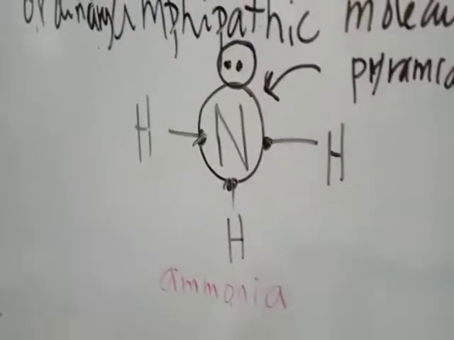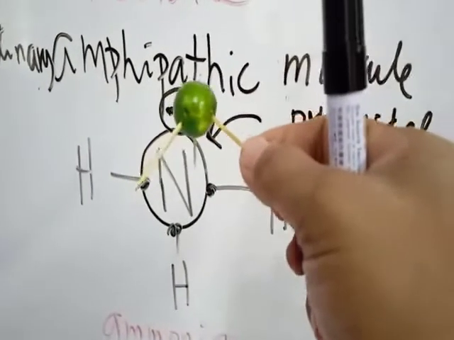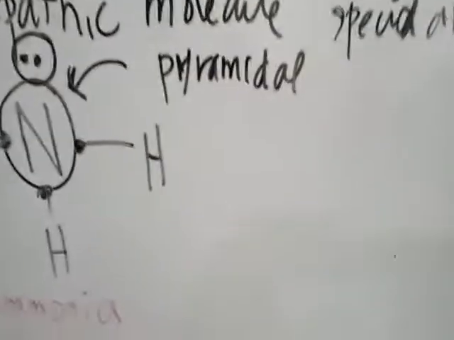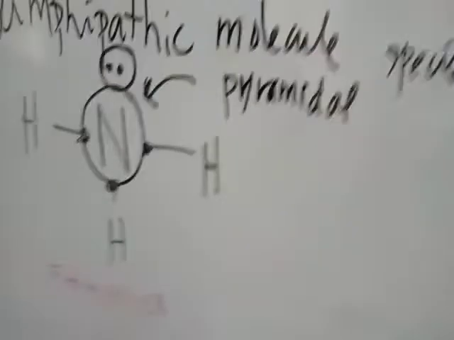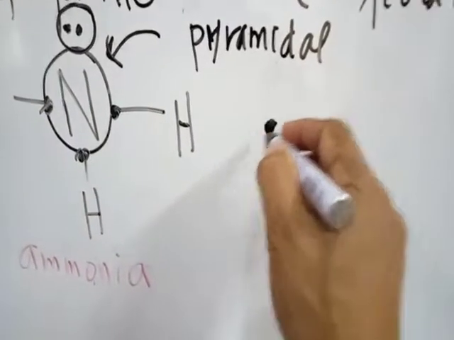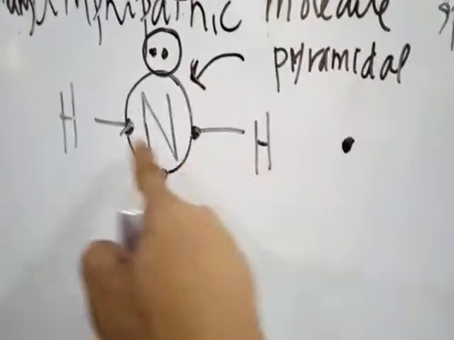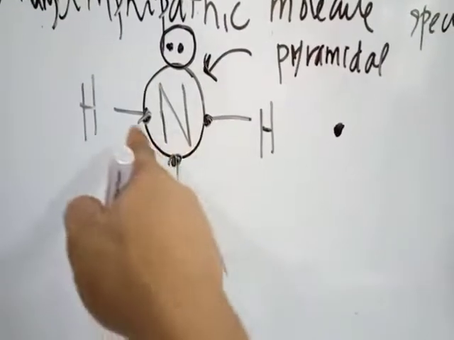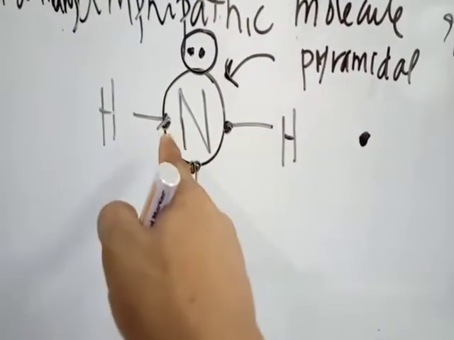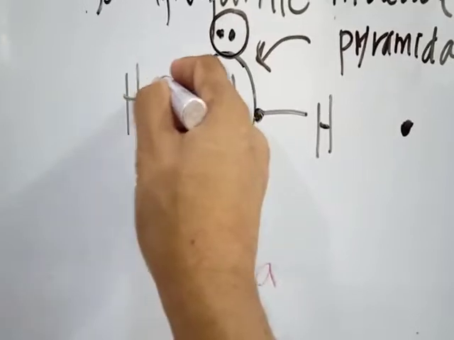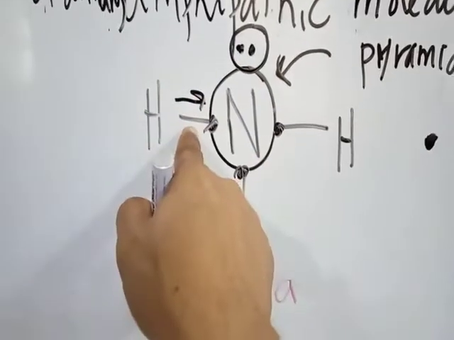So if we use this geometric shape, we can isolate nitrogen, the central atom. Aside from that, we draw the dipole moments. This is a polar covalent bond.